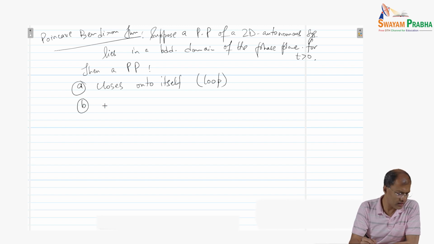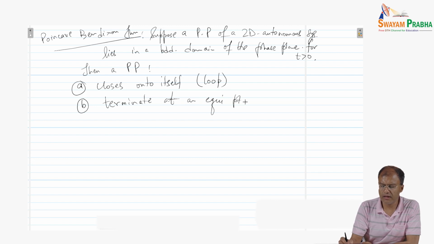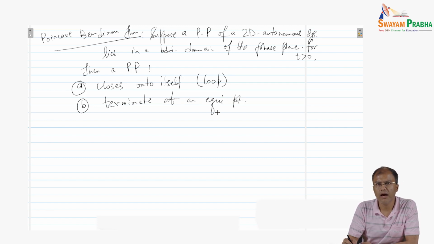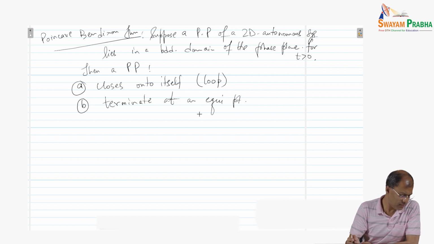The other option is that it could terminate at an equilibrium point, which means that the phase path eventually asymptotes towards an equilibrium point, especially when it is a stable equilibrium.